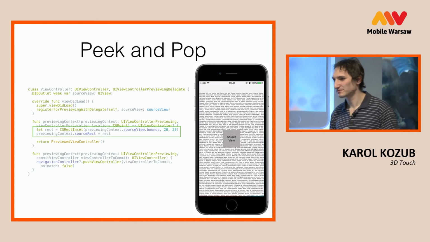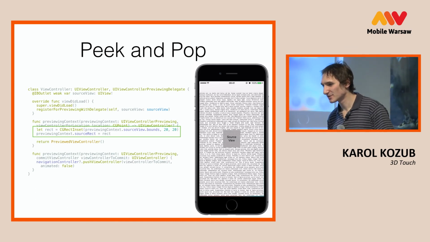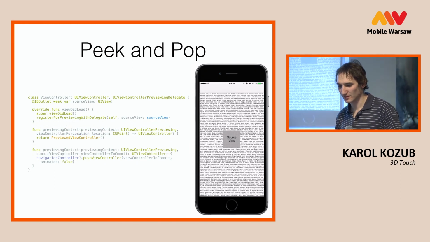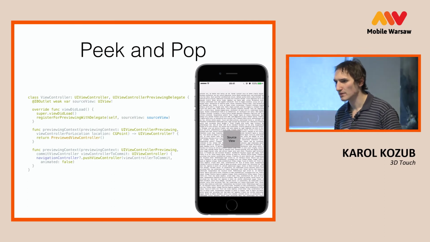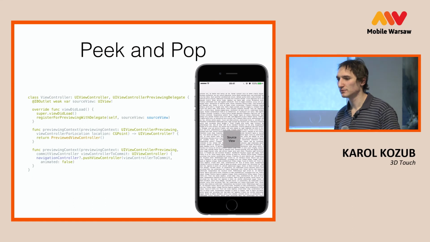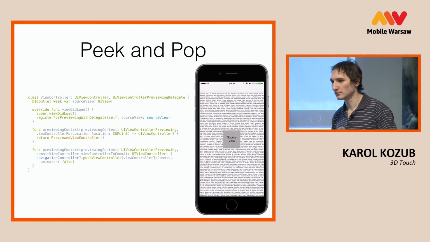I assume that if I want to implement this peek and pop gesture, I need to explicitly set the source view. Did you try to implement, for example, peek and pop from table view cells?